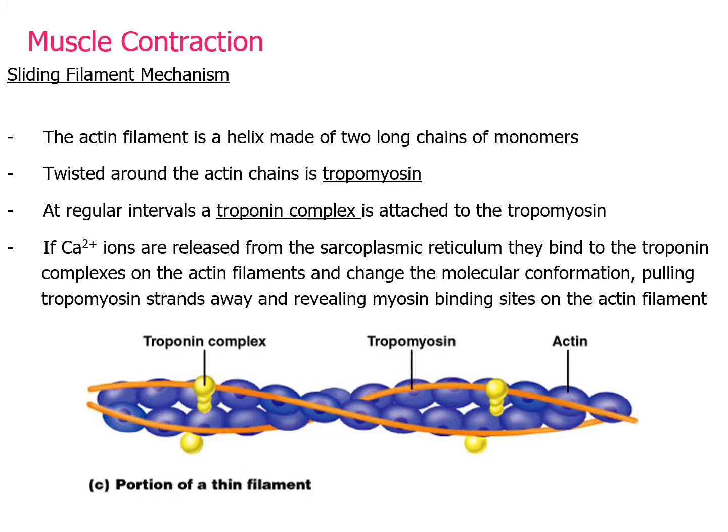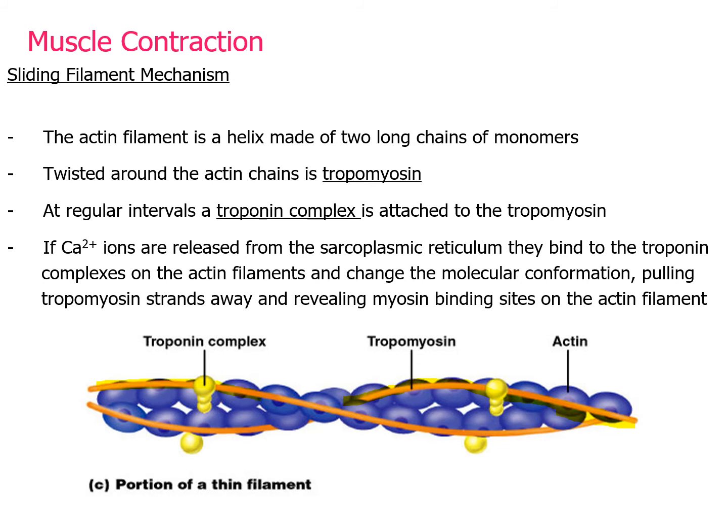This mechanism of muscle contraction is called the sliding filament mechanism. The thin filaments are made of actin. It's a helix of two long chains of many monomers of actin that together form these two polymer chains. And twisted around that is a long filamentous structure, which is tropomyosin.